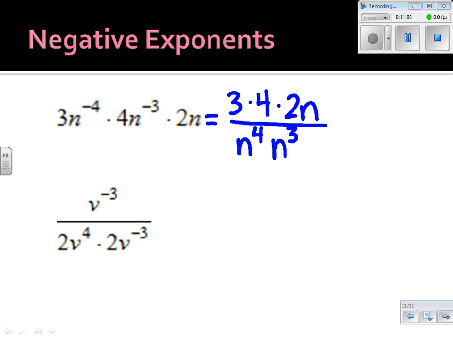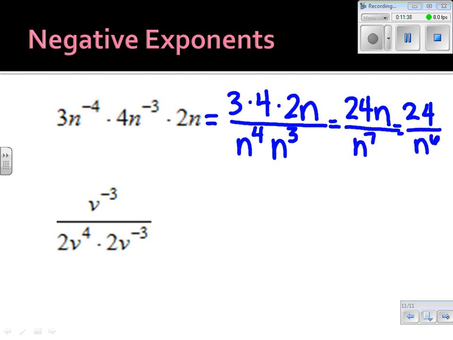Both of those have positive 1 exponents, so they'll stay in the numerator. Now we just multiply 3 times 4 times 2, and we get 24n divided by n to the 4th times n to the 3rd, which means we add 4 and 3 together, and we get n to the 7th. And now we can use the division property to cancel out our n. And this becomes 24 divided by n to the 6th power.